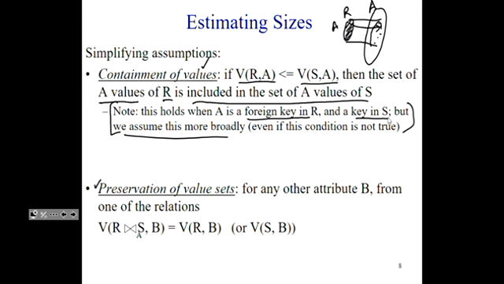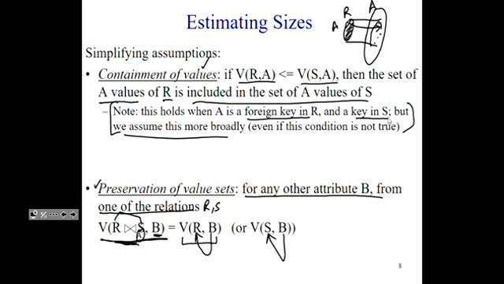This assumption says that for any other attribute B from one of the relations R or S, when you are doing a join between R and S on A, the number of distinct values of B in R joined with S is the same as the number of distinct values of B in R if B is derived from R, or the number of distinct values of B in S if B is derived from S. Basically this says that if I'm not doing a join on that attribute, then that set of values is just going to stay the same.